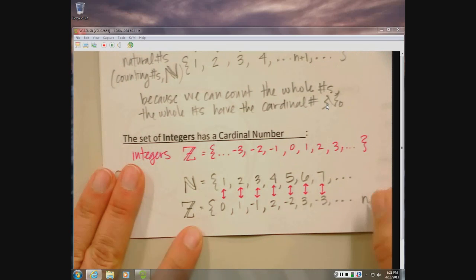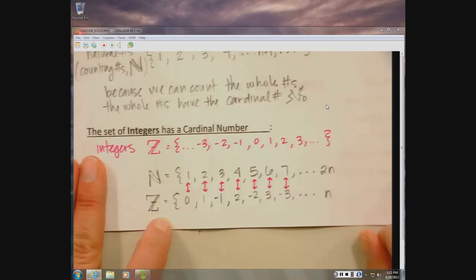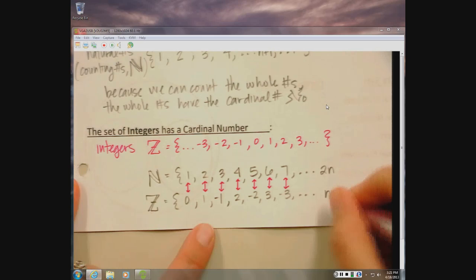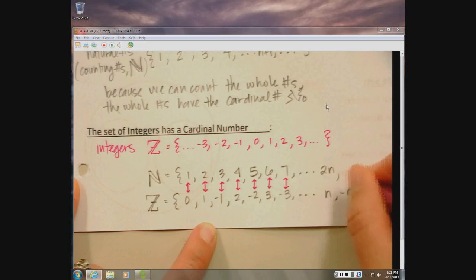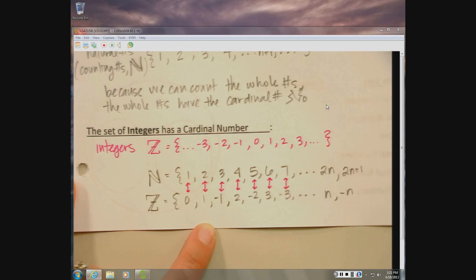So for the integer n, the counting number is going to be twice as much, 2n. For negative n, it's going to be the next number in the list, 2n plus 1. And I can continue this way forever.